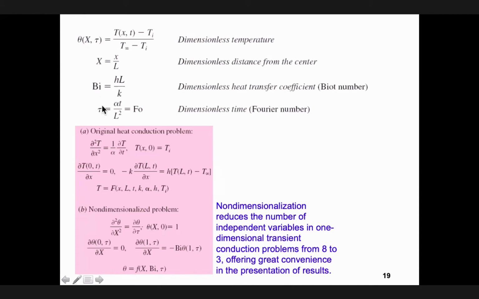Both of them are dimensionless. The Biot number represents the ratio of resistance to convection to resistance to conduction. And here there is tau, again a dimensionless number, which represents the Fourier number. Therefore, now we have learned the Reynolds number, Fourier number, and Biot number. These are the terms that we are using here.